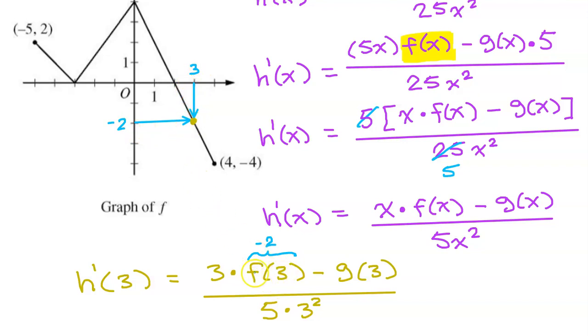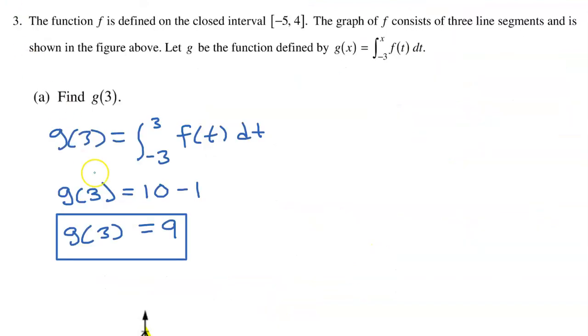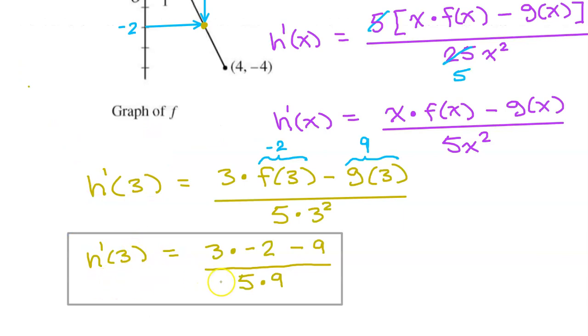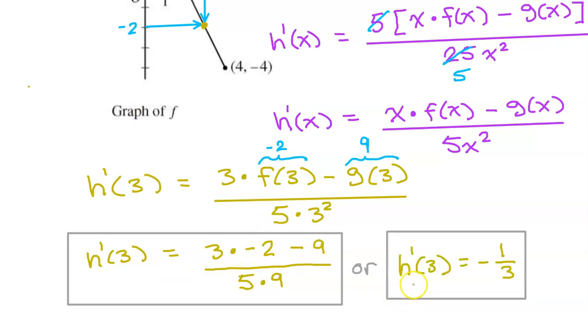So on the next step, we will make that substitution. What about the value of g at 3? In part A, we found that g at 3 is equal to 9. So right there, this is an acceptable answer for a free response question. Or we can put that h prime at 3 is equal to -1/3.